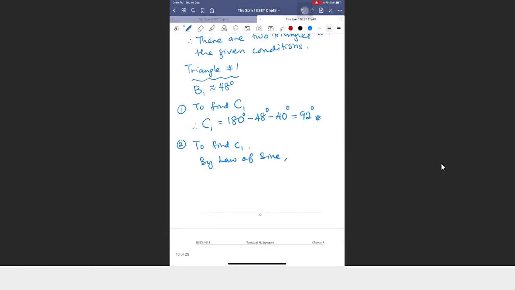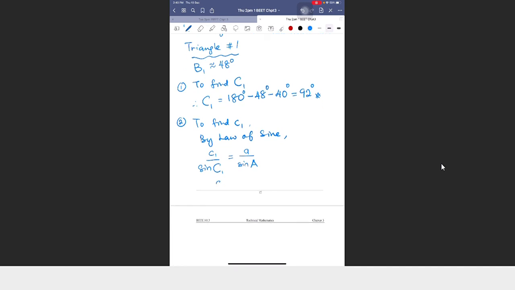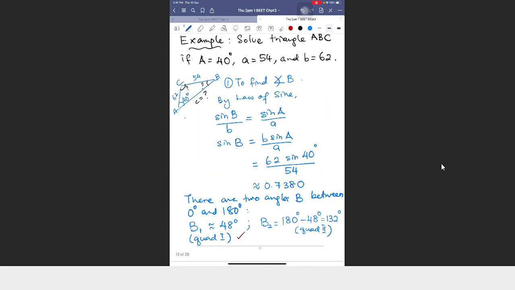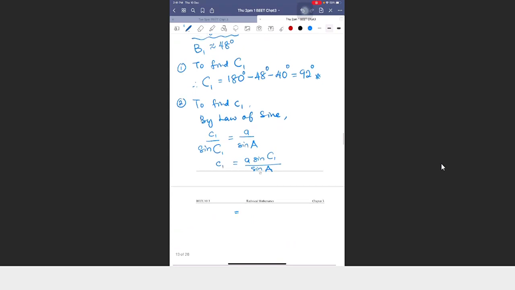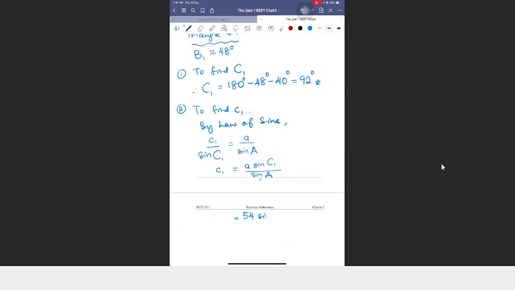I can write this as c1 over sine C1 equals a over sine A. So c1 equals a times sine C1 over sine A, where small a is 54, times sine 92 degrees over sine 40 degrees.